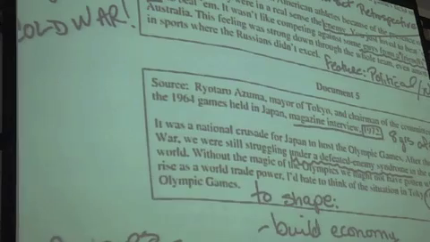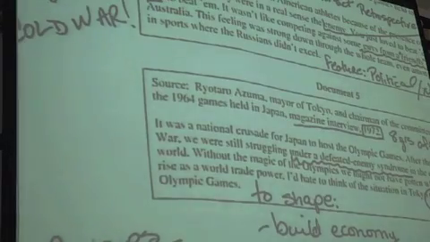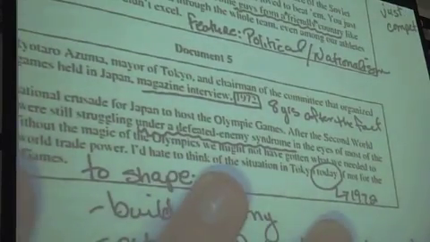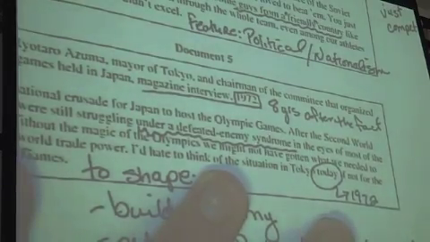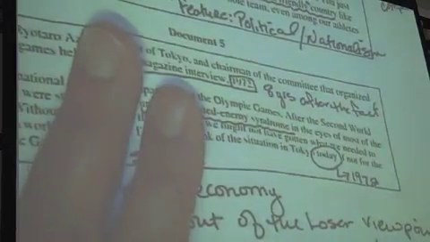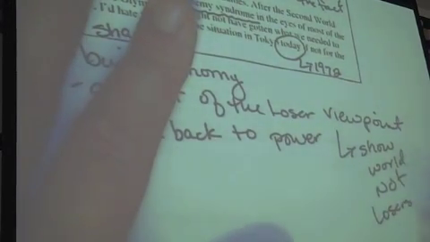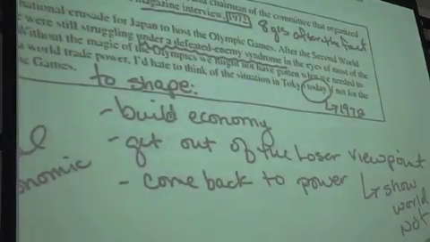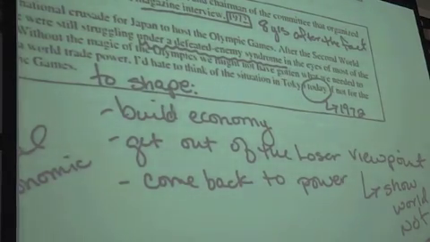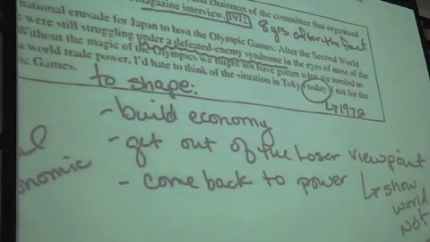So that's going to shape the Olympic Games because they want to show the world that they're not losers. So that's what they're out to do. It's going to shape those Olympic Games, that they're out to show the world that they're not the losers that got nuked. I'm sorry, atomic bomb.